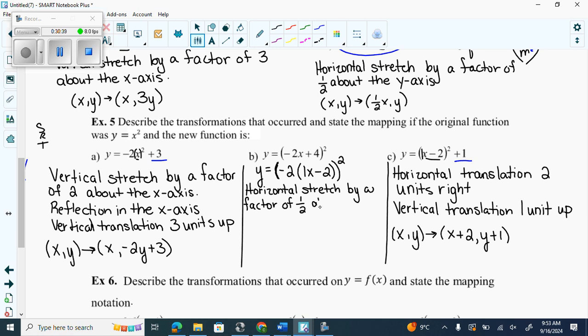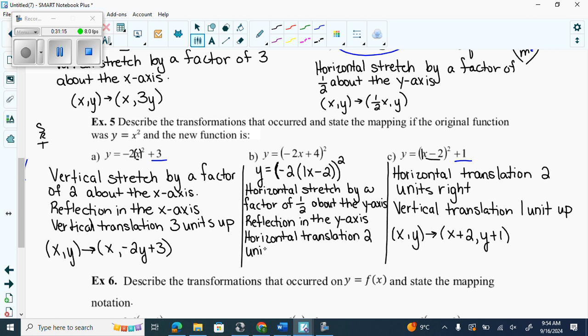About the y-axis. The negative is not a stretch. The negative is a reflection in the y-axis. And a horizontal translation 2 units what?